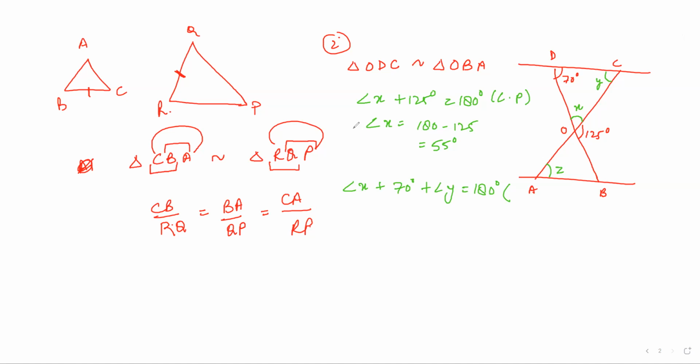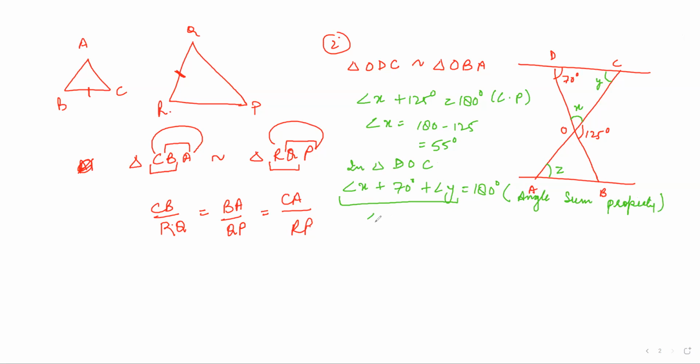What is the name of this property which I'm using here? In triangle DOC, I'm using angle X plus 70 plus angle Y is equal to 180 degrees. What do we call it? Angle sum property, isn't it? That the sum of all the angles of a triangle is 180 degrees.